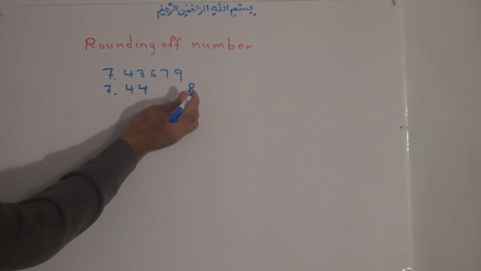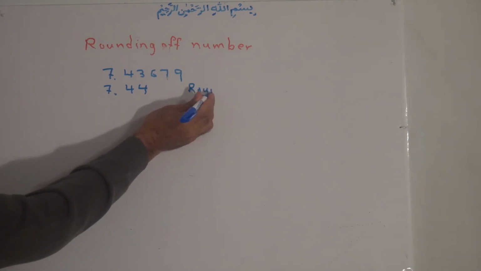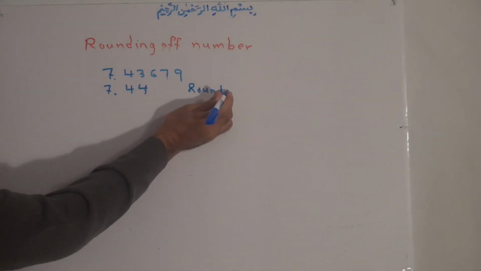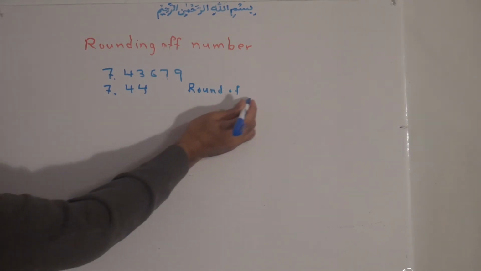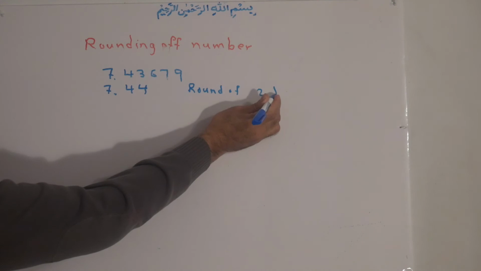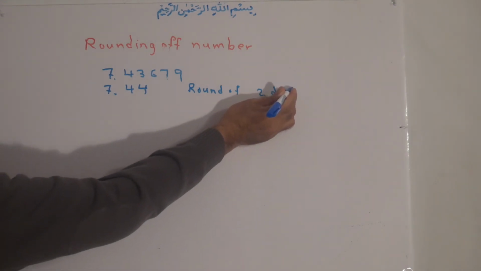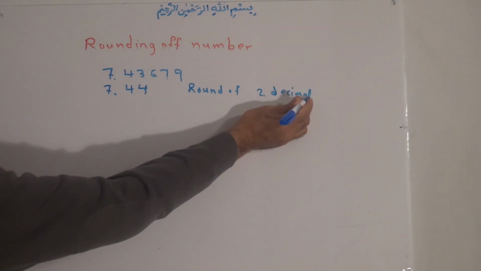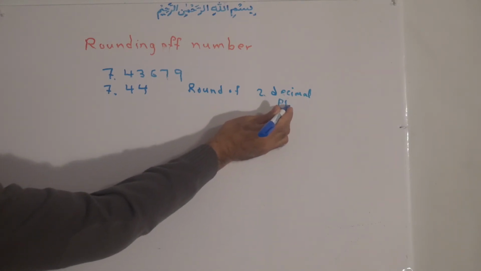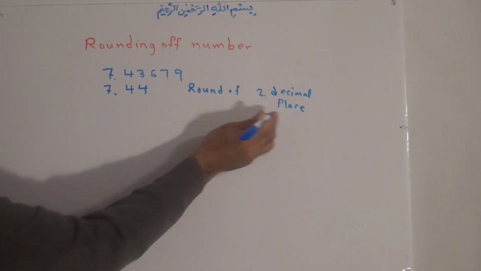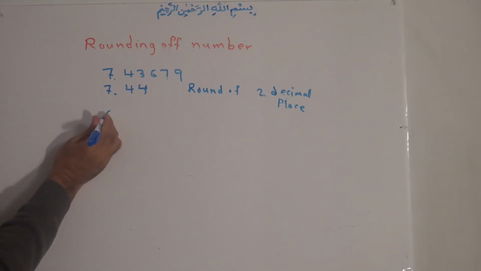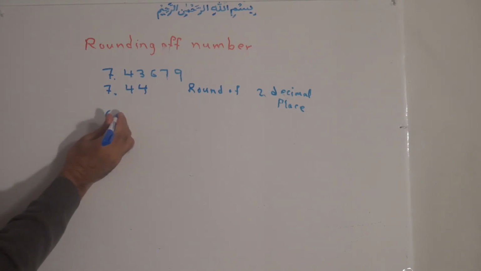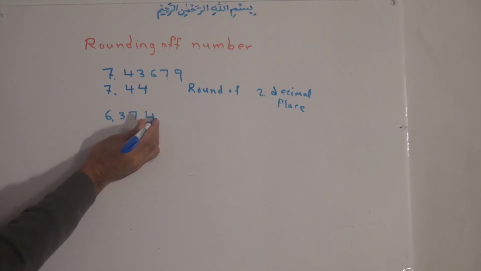Now we have rounded off the number to two decimal places. Another example is 6.3741.